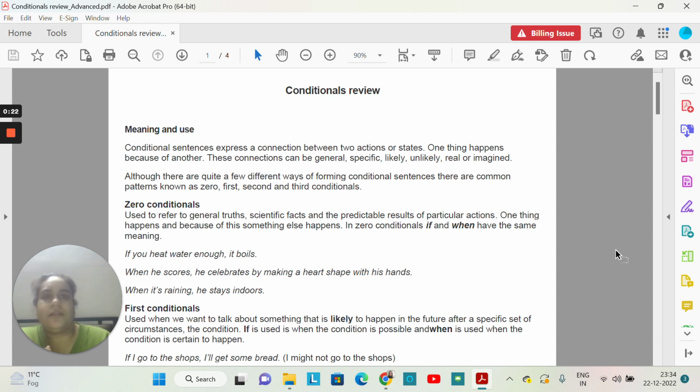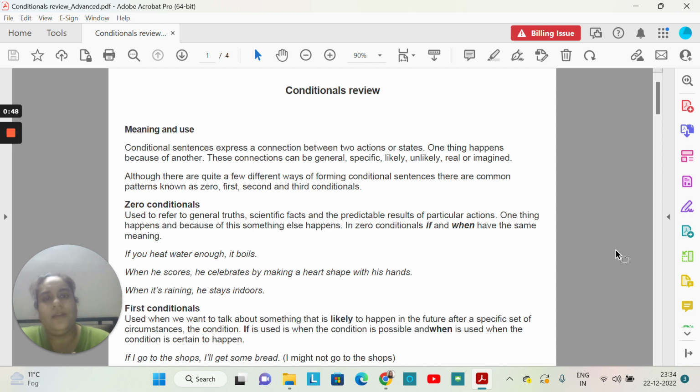Conditionals are types of complex sentences, you can say, where they express a connection between two actions or two states. Normally, you must have seen sentences that start with if, and then after the first clause, you'll see a comma and the rest of the sentence.